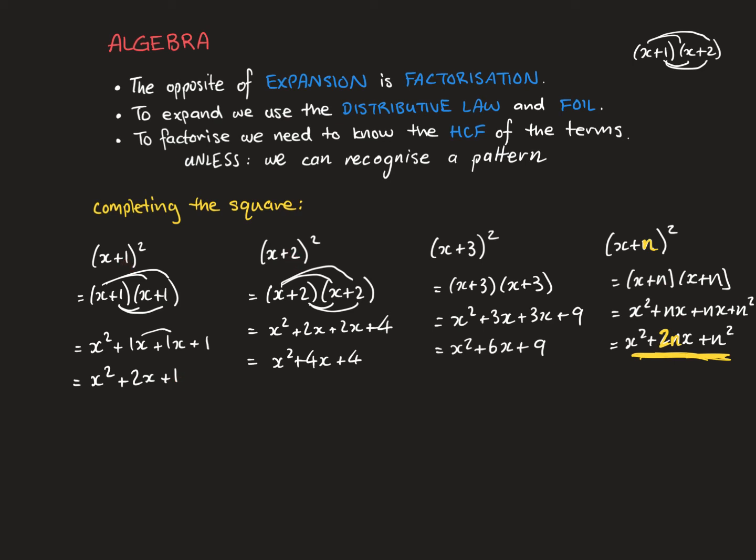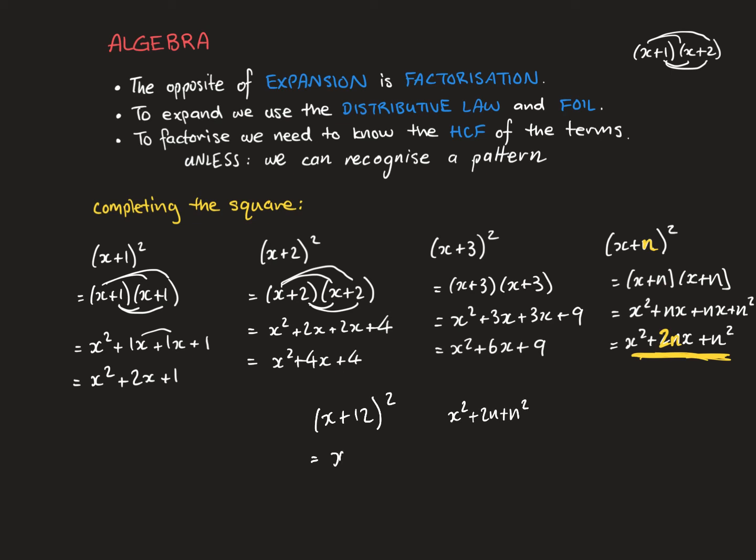Cool. So now we know that if we are given any sort of problem, it could be even this, we can jump straight to the end, because we know the rule. We know that this expands to be x squared plus 2n plus n squared.